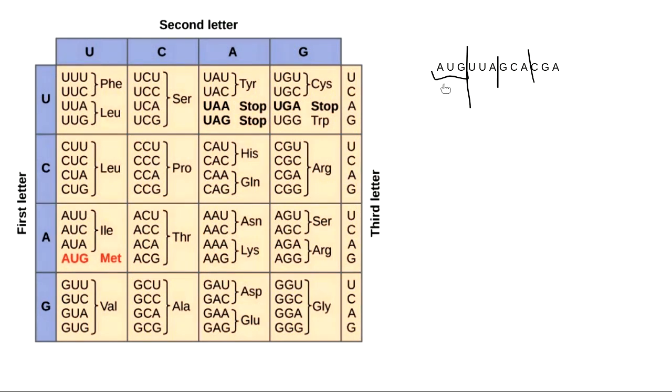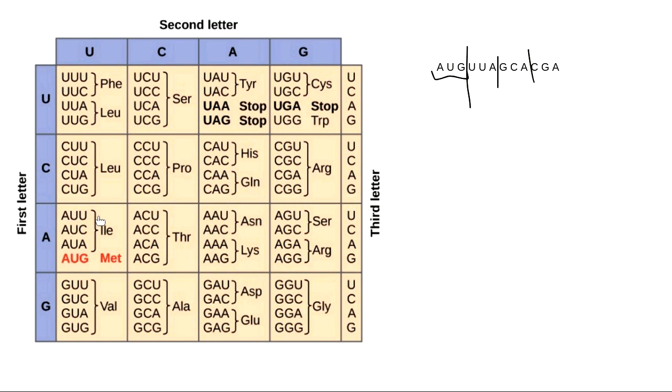Now that I have it divided into these groups of 3, now I get to start using the table. So we go over here to the left side of the table. The first letter in my codon is A. Okay, I got an A. I know I'm somewhere in this row right here. The second letter in my codon is a U. So I go to the top. U is this column right here. So this column goes down. We know that we were in this row, so I'm somewhere in this box.